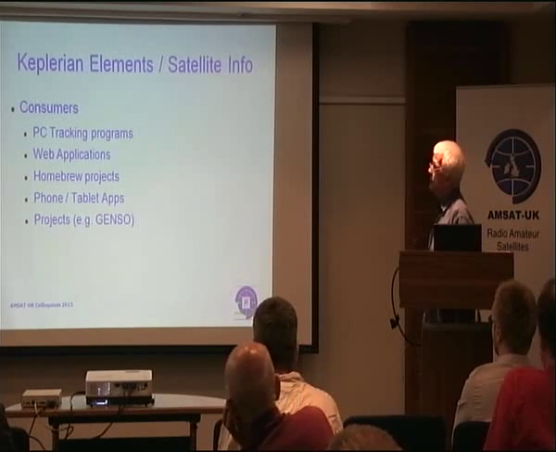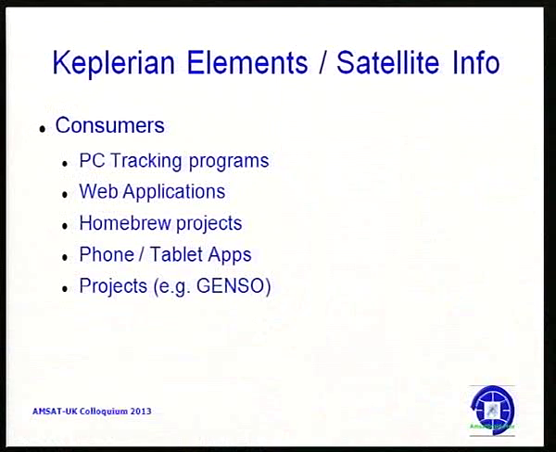The consumers for the information, we've talked about the Novas and Orbitrons and PCSat-32s. They're tracking programs. Carlos has been showing MacDoppler Pro for most of the weekend, doing a practical demonstration of it. There are web applications that consume the elements. Lots of people have done homebrew projects, including me.